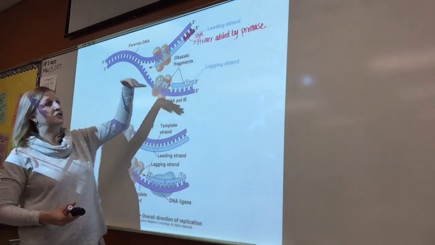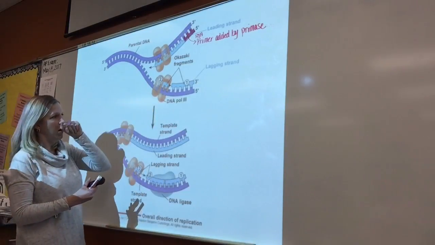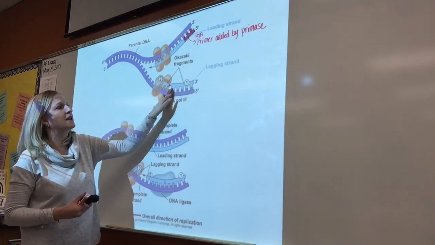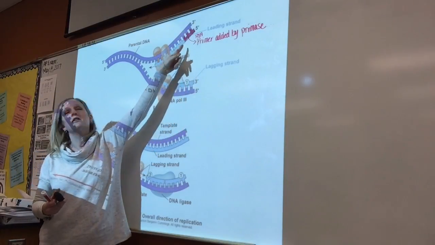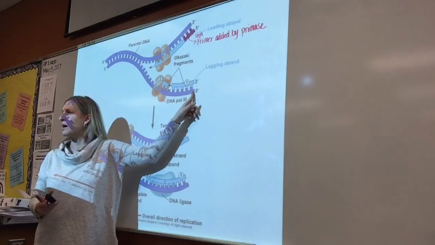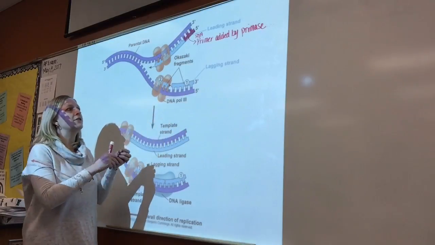Let's look at the lagging strand. The lagging strand, remember, is built in fragments. So if we look at this fragment here, where would the primer be? Would it be at this end, like it is here? Where would the primer have been added? Yeah, to the very beginning here.